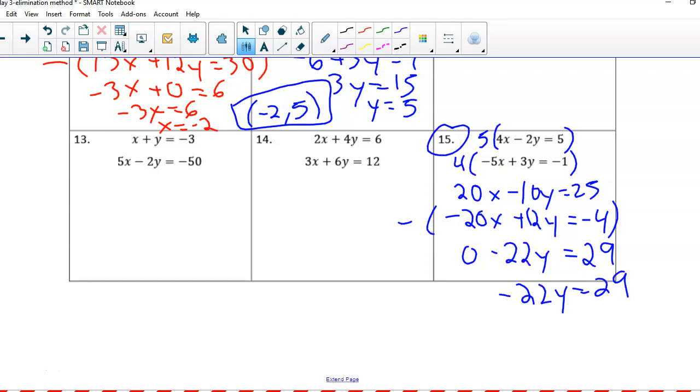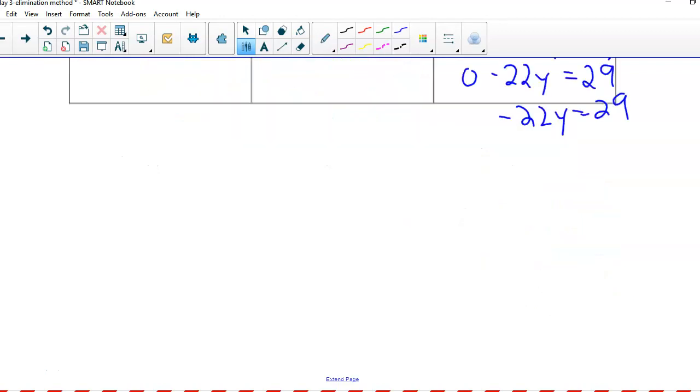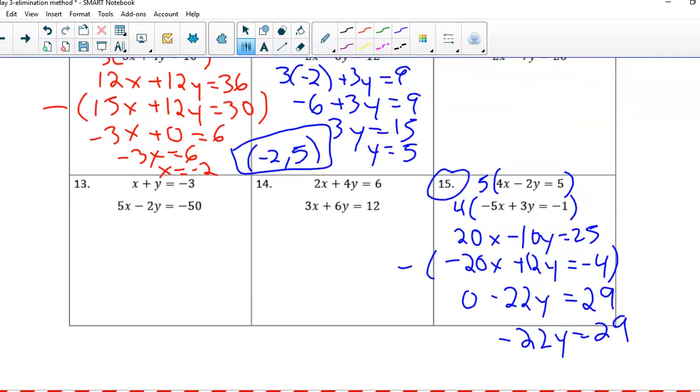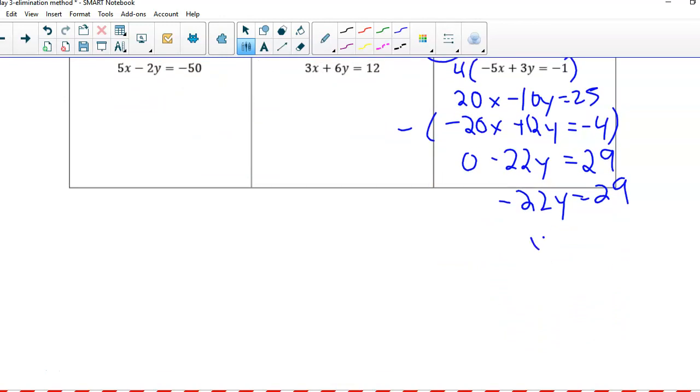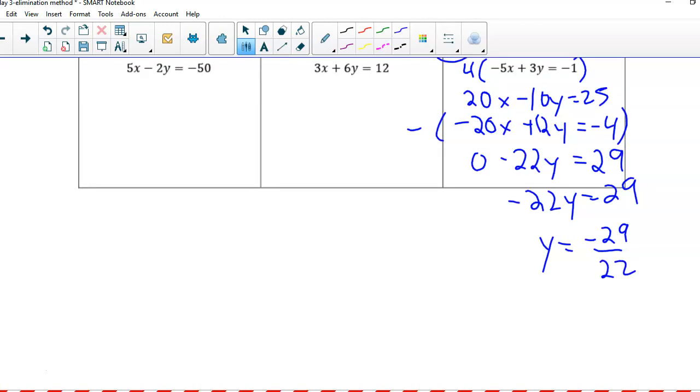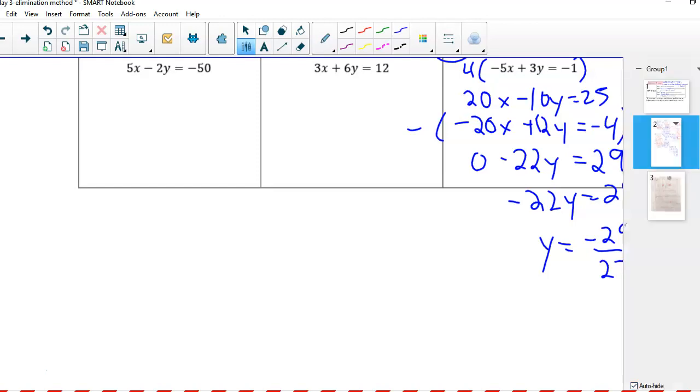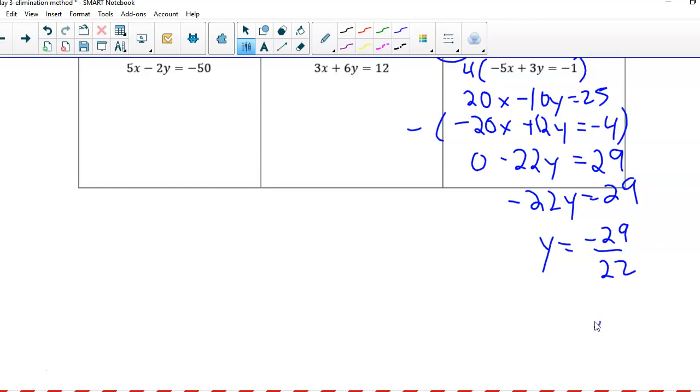This one is supposed to be a decimal, it just wasn't the right one we were about to get. Okay, so y equals negative 29 over 22. Okay, and then we need to put that back into one of the equations, it does not matter which.